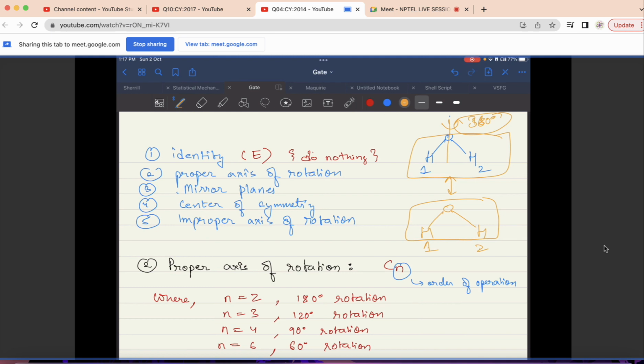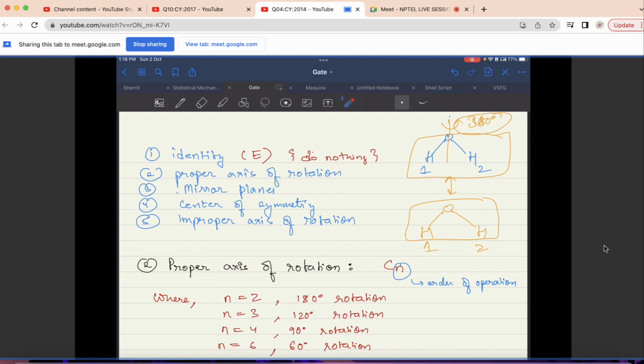That's why we have done nothing, so this is the identity, and it is found in every single symmetric molecule. When we apply some symmetry operation, the identity is always present.